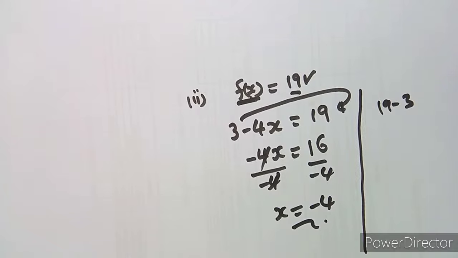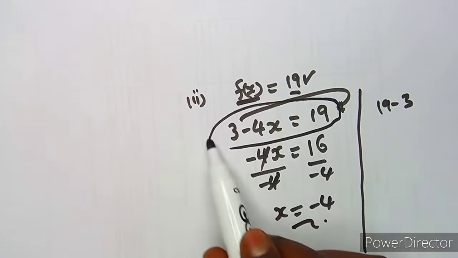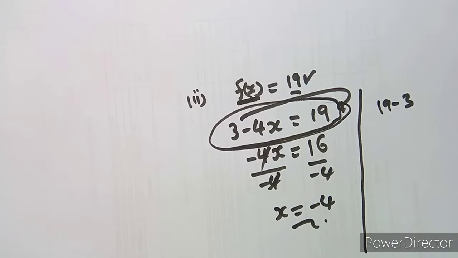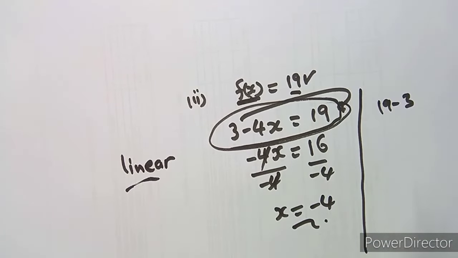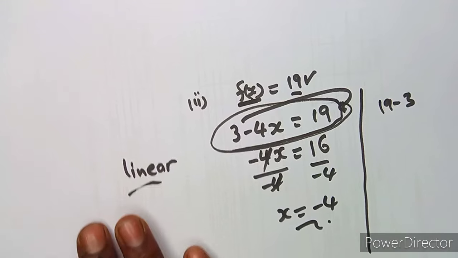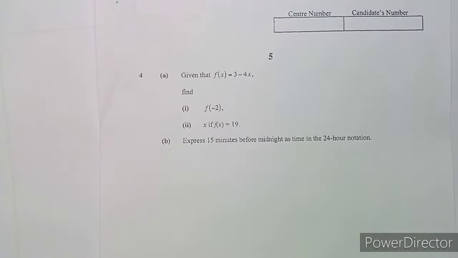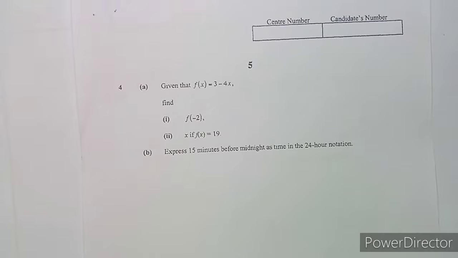Do you see the concept? From this stage it is you and your normal equations. It's a linear equation, so it's all about transposing. It depends on the equation that you formulate. Sometimes it can be a quadratic equation where you have to factorize and so forth.